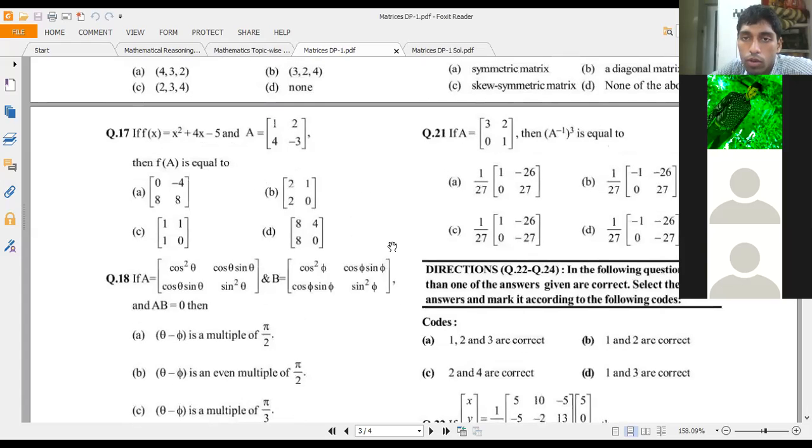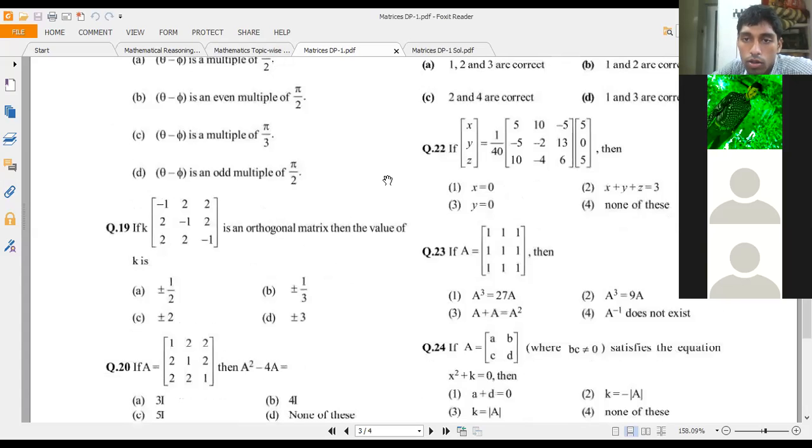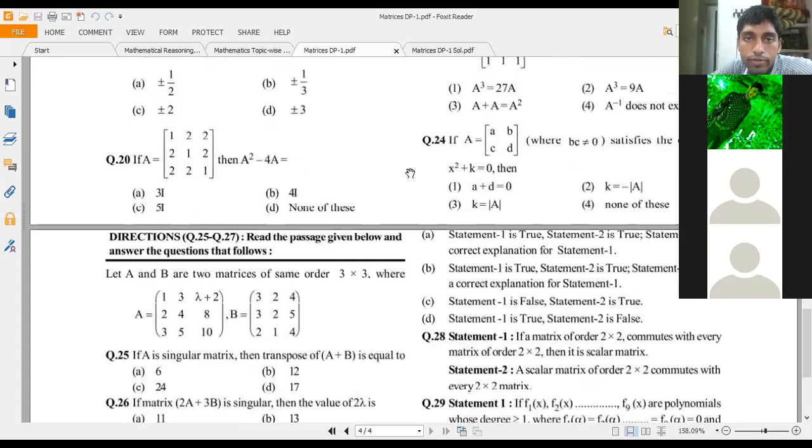Sir, then question number 24. This satisfies the equation. Same thing here. This becomes A square plus Ki equal to 0. So what is A square? ABCD into ABCD, row, column.